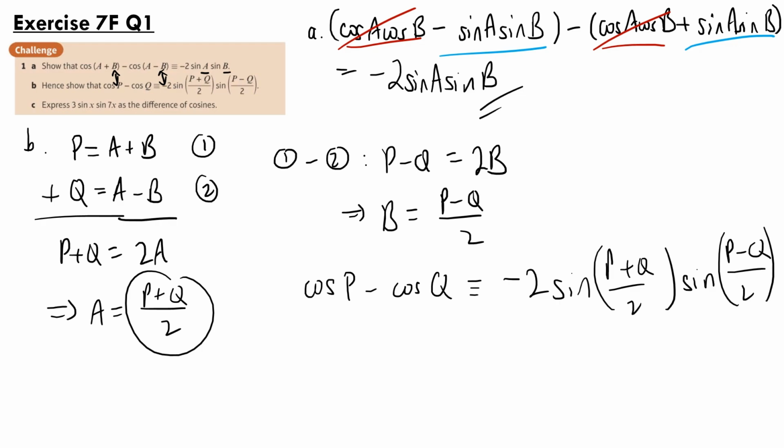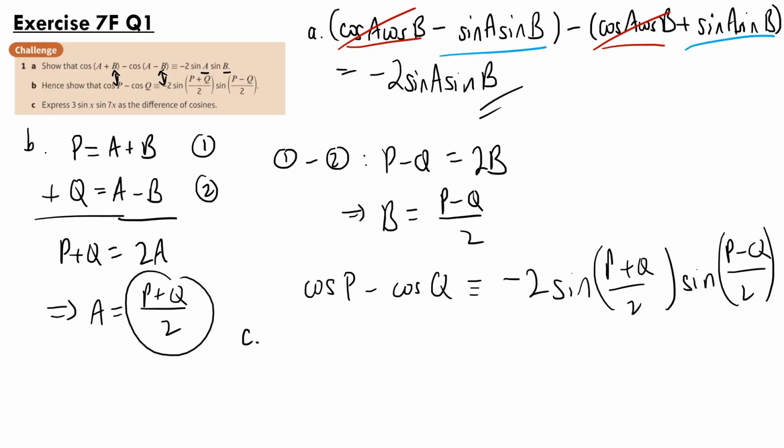And then finally for part C, we need to apply this to write 3 sine x sine of 7x as the difference of cosines. So we can use the identity again. So if we consider what we've got at the moment is minus 2 sine of P plus Q over 2 sine P minus Q over 2.